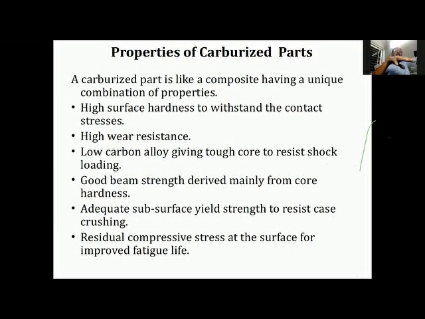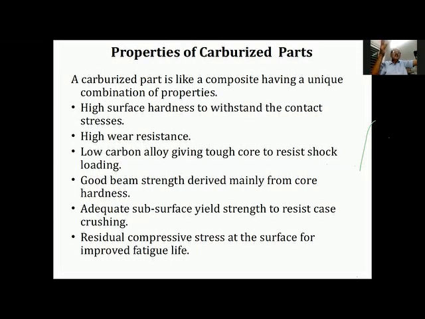I must mention that in a typical manual transmission gearbox, the first speed, the reverse gear, and the reverse idler, these three gears are subject to impact because the vehicle is at a standstill when they come into operation.